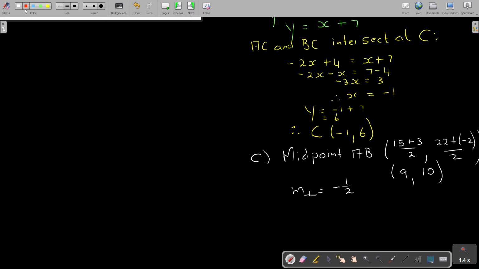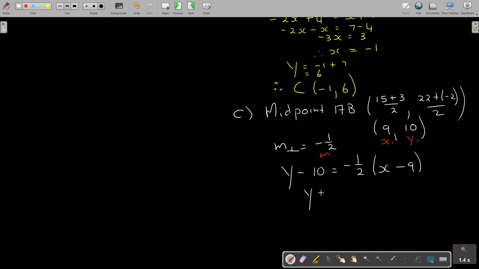Now I have everything: x1, y1, and m. Putting this in, y minus 10 is equal to negative a half times x minus 9. Now I simplify this: y is equal to negative a half x plus 9 over 2 plus 10. So y is equal to negative a half x, and this is 4.5 plus 10, so it's 14.5.